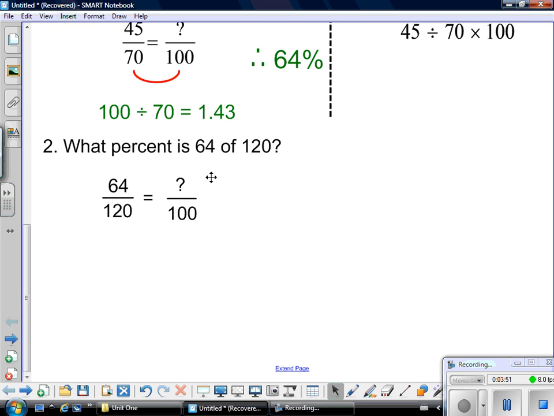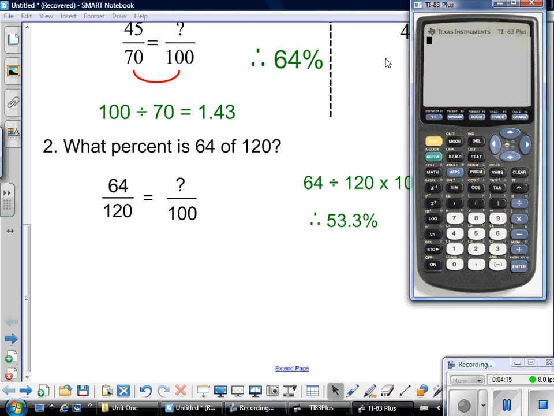So I want to know what that would be. We can follow the same method as the second one over here. So we would go 64 divided by 120 times 100. And when we do that, we end up with 53.3%.